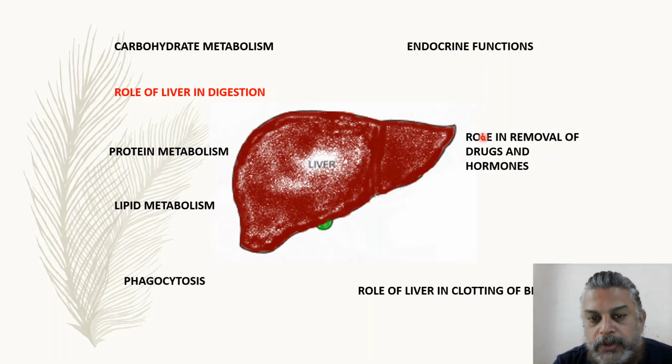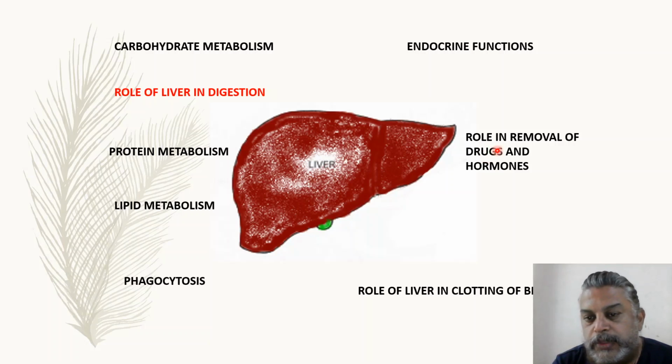It has got a major role in removal of drugs and hormones. We know that all the drugs are excreted from the body either by the renal route or by the hepatic route.